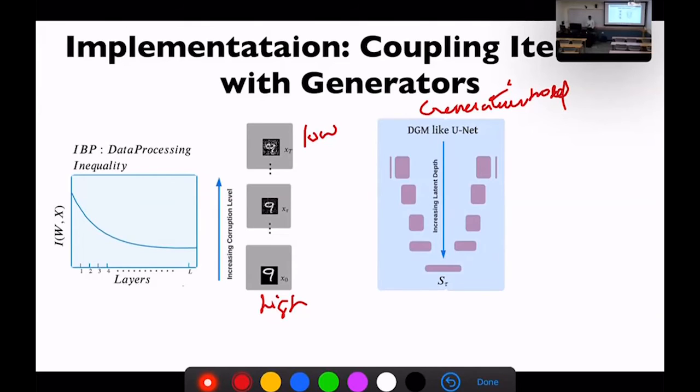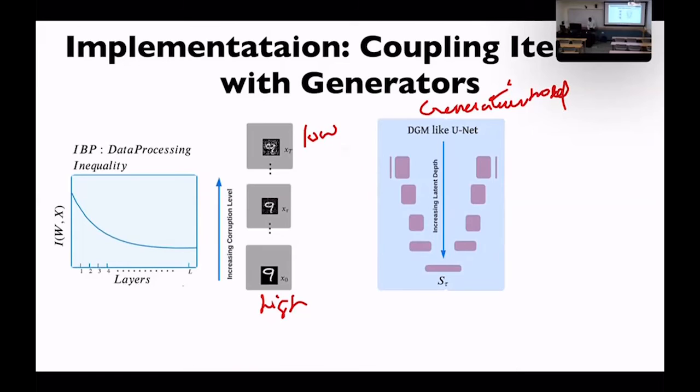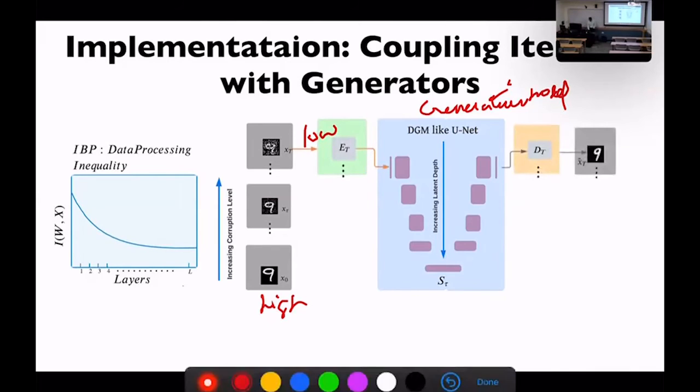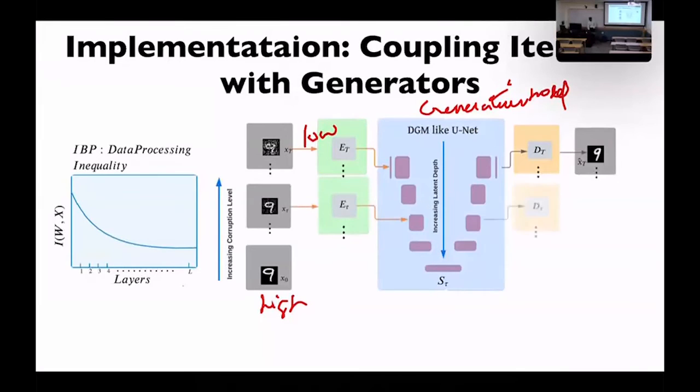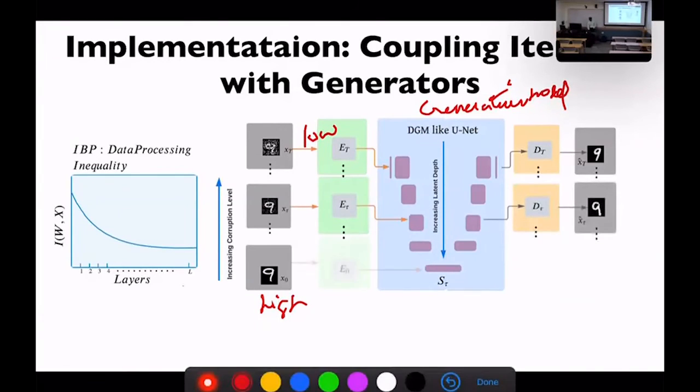And so, of course, a high quality image has a lot more information about what we want to generate. So the high quality images don't need to get processed, they don't need to get encoded by a whole lot.